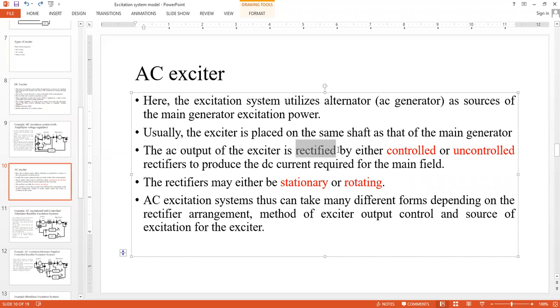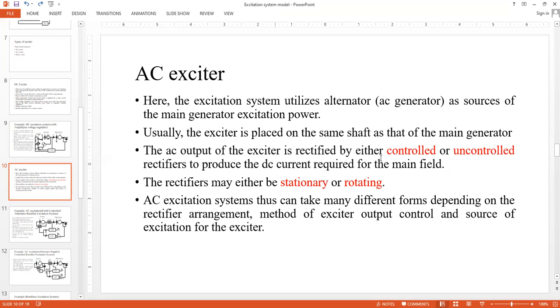So based on that, there could be two cases for the output of the exciter. Because it is AC, you need rectification. The rectification could be either controlled with the use of thyristor-based rectifiers, or it could be uncontrolled with the use of diode-based rectifiers. Now, again, the rectifiers themselves could be stationary or rotating. So in total, there could be 4 combinations: stationary controlled, stationary uncontrolled, rotating controlled, and rotating uncontrolled.